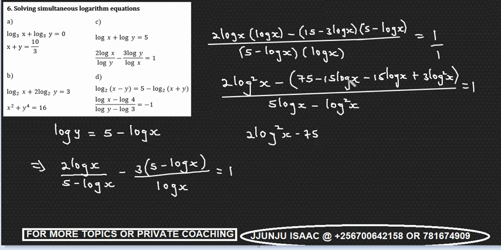Now we have negative 15 log x, negative 15 log x, which is negative 30 log x, but there is a negative here, so it will be a plus 30 log x.